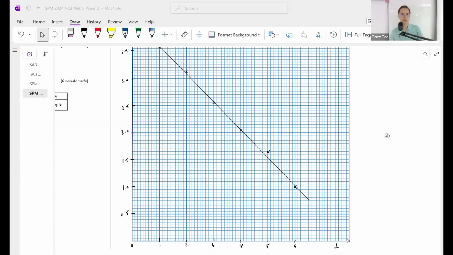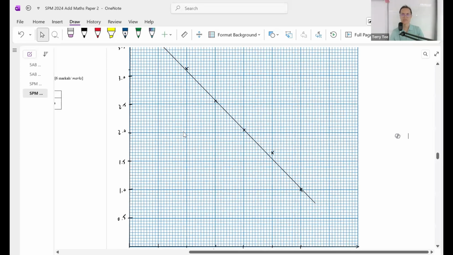Let me see. I just cannot find the mistake. 1.64 is a bit off. Yeah, I still feel a bit odd. The 1.65 is still a bit off.